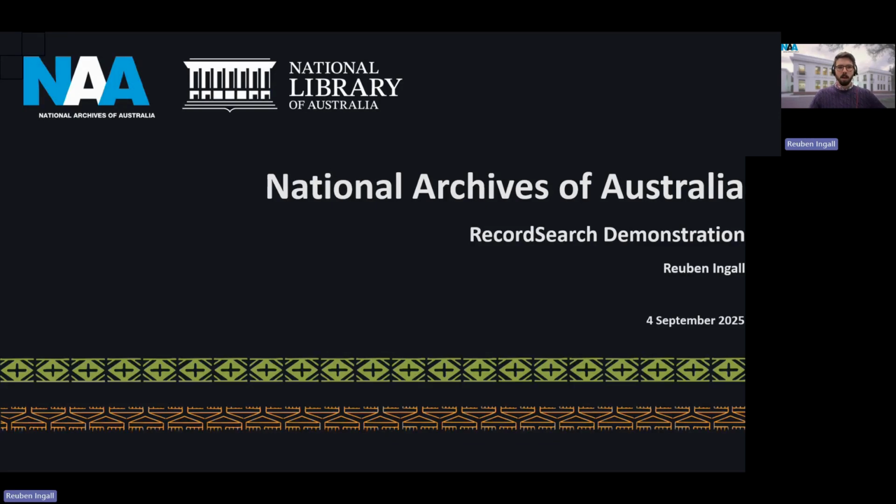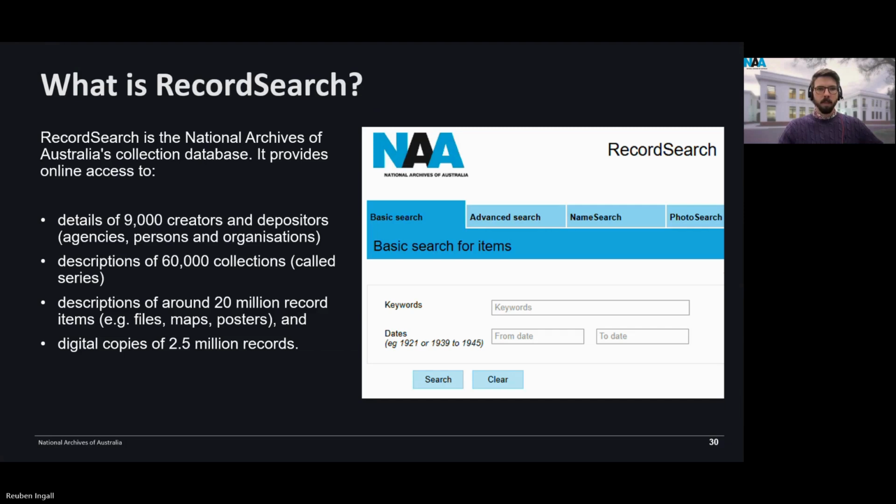The National Archives online database is called Record Search. It's the searchable catalogue of the National Archives collection. The full collection contains over 52 million items, which is about 375 kilometres of shelf space. But Record Search contains details of the creators, the collections, and the items, and their digitised versions.